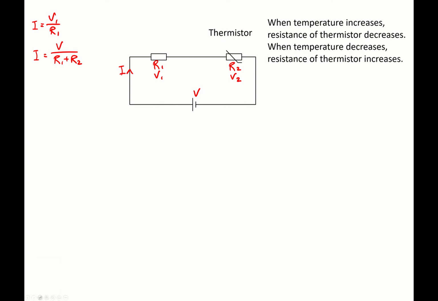Now, we're going to start off by analyzing what happens when temperature increases. So, to simplify things, I'll just call this hot and I'll call this cold. So when it's hot, R2 decreases. And we know V and R1 are constant.